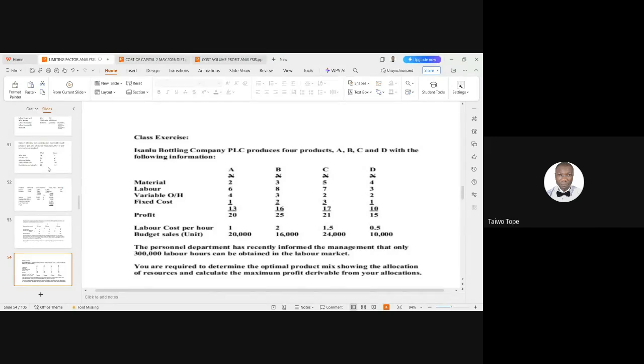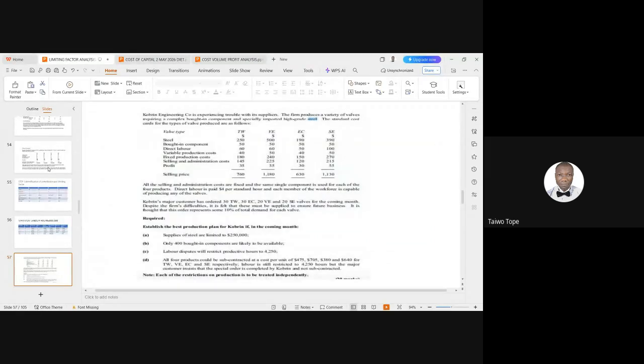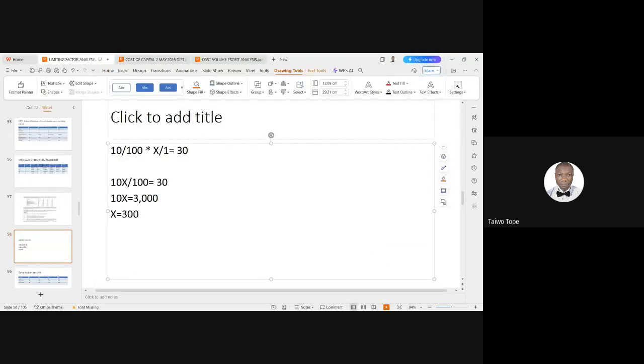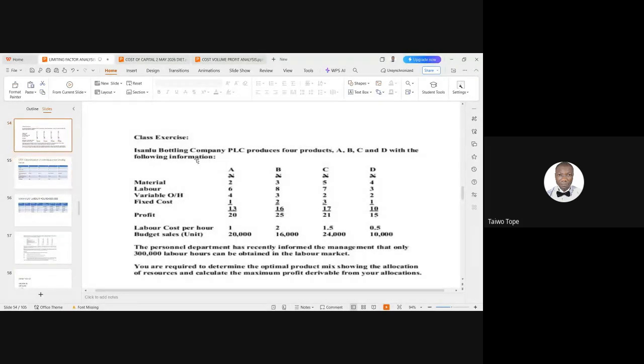You can also make attempts. This question is an interesting question, mind-blowing, that I want us to solve in our next class. But as an assignment, for now, you can just screenshot this and attempt.